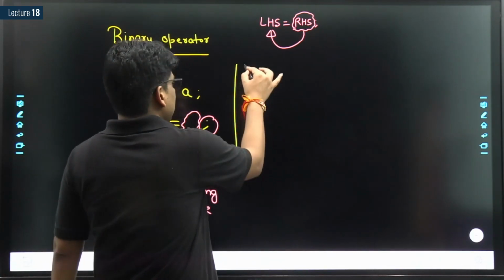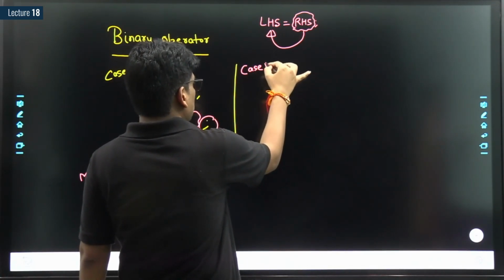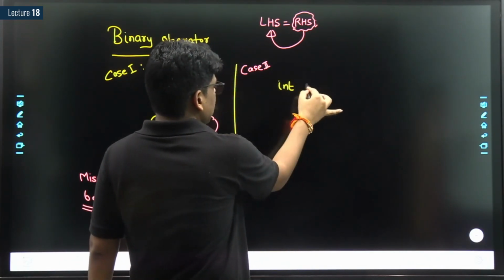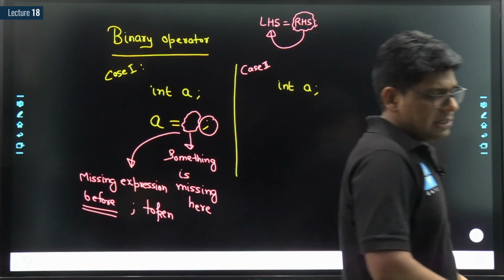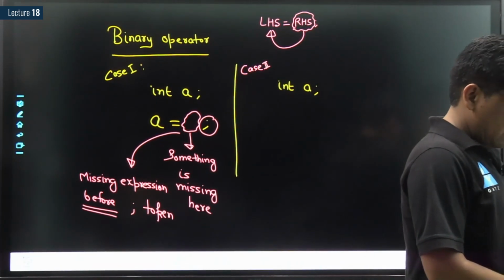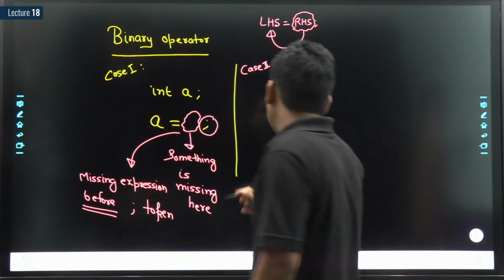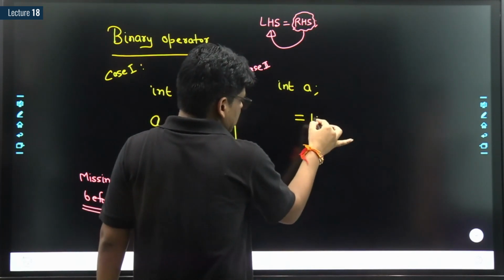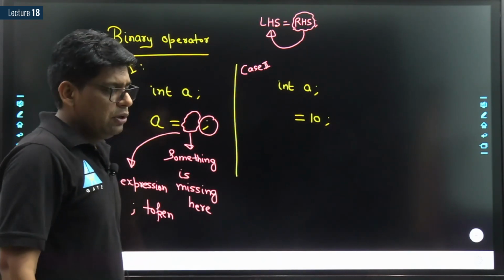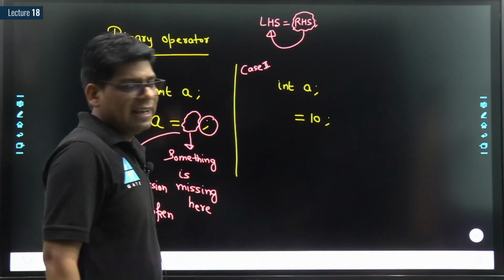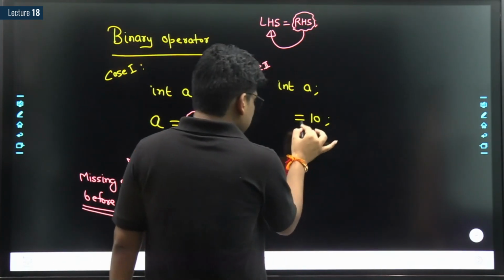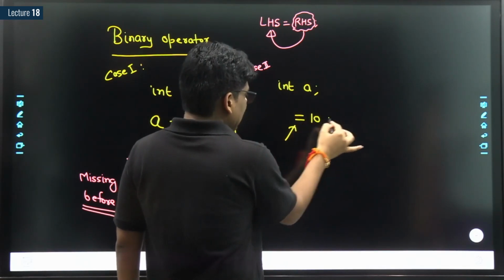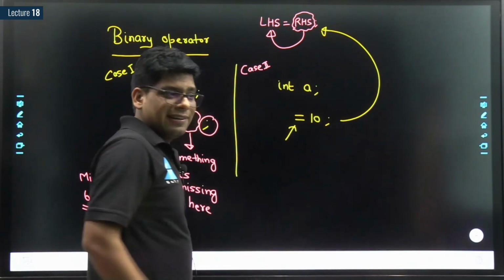Let me discuss case 2. What if the situation is like this, that int A and we did something like this? Try to understand what happens. By looking at the assignment statement, the compiler goes and checks its syntax.